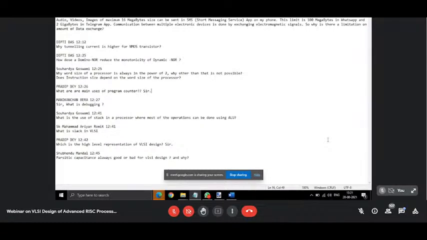Using that, you express your entire design. There are also some tools where you can give the entire schematic diagram and get the VHDL code from it. So that kind of advanced level tools are also available.